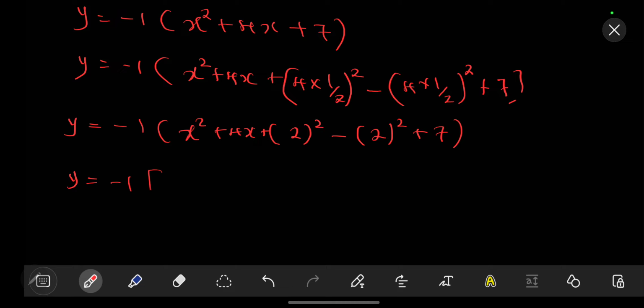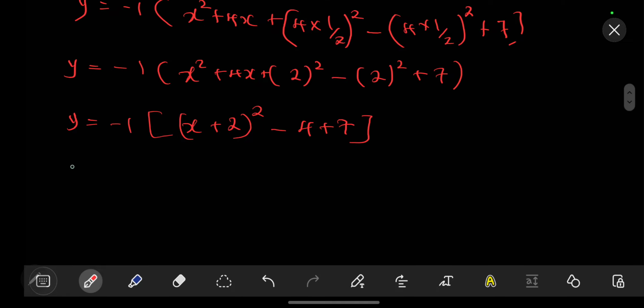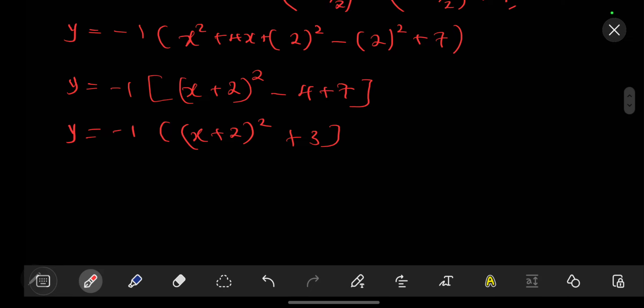So we have x plus 2, then we square this, then minus 2 squared, which is 4, then plus 7. Likewise, y is equal to negative 1, open brackets, x plus 2, squared, then negative 4 plus 7 gives us a positive 3.